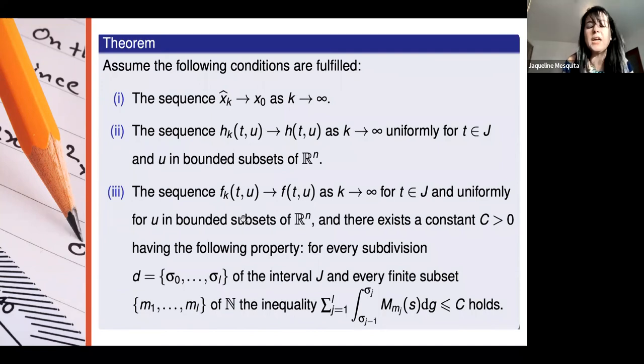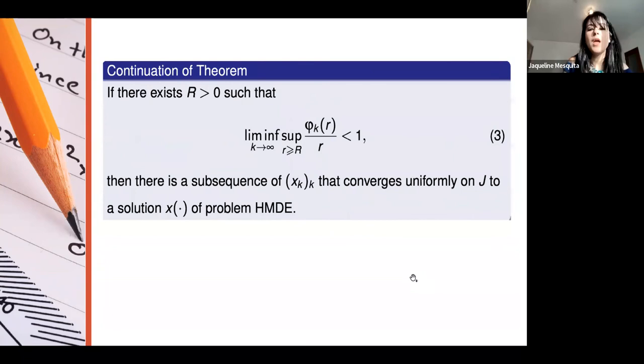And here we assume a boundedness of this f by such functions m, and assuming this type of inequality here, and also this quotient smaller than 1, we can ensure that there exists a subsequence x_k that converges uniformly on J to a solution x of our problem.